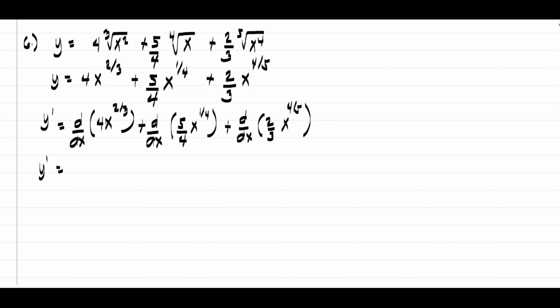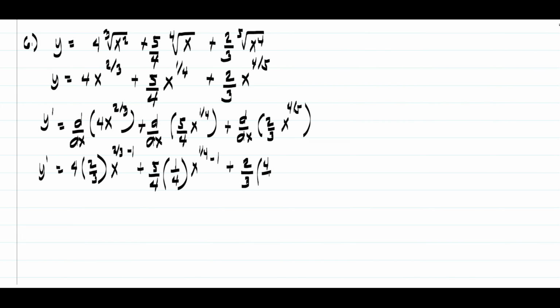So let us multiply 4 and 2 thirds as 4 times 2 thirds x raised to 2 thirds minus 1 plus 5 over 4 times 1 fourth x raised to 1 fourth minus 1 plus 2 over 3 times 4 over 5 x raised to 4 over 5 minus 1.